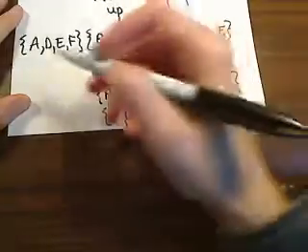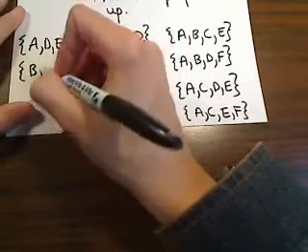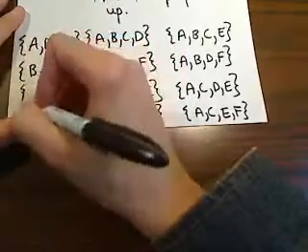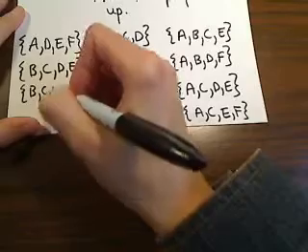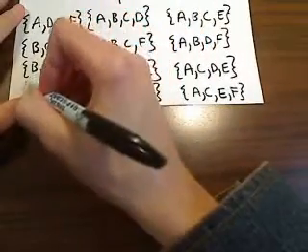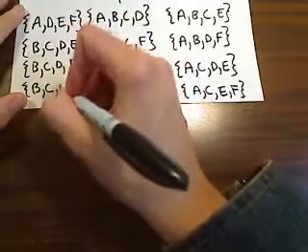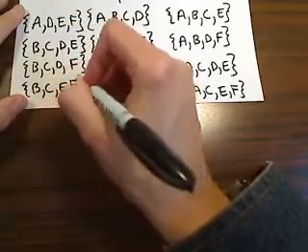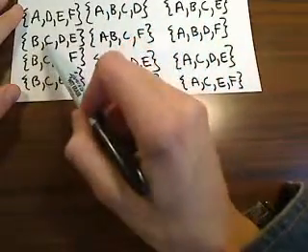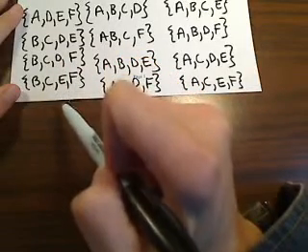And now we can go to excluding A. We have combinations of B with C, D, and E. And you could have B with C, D, and F. And then you could have B with C, E, and F. So that's all combinations of B and C. You got B and C with D and E, D and F, and E and F. Okay?